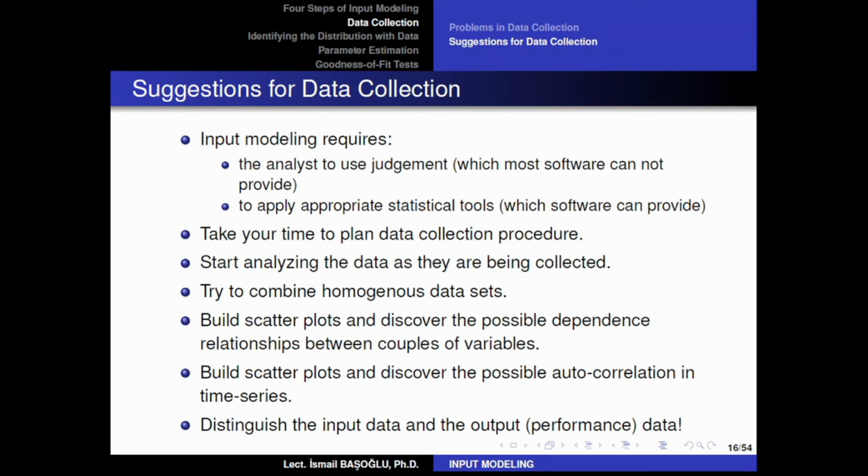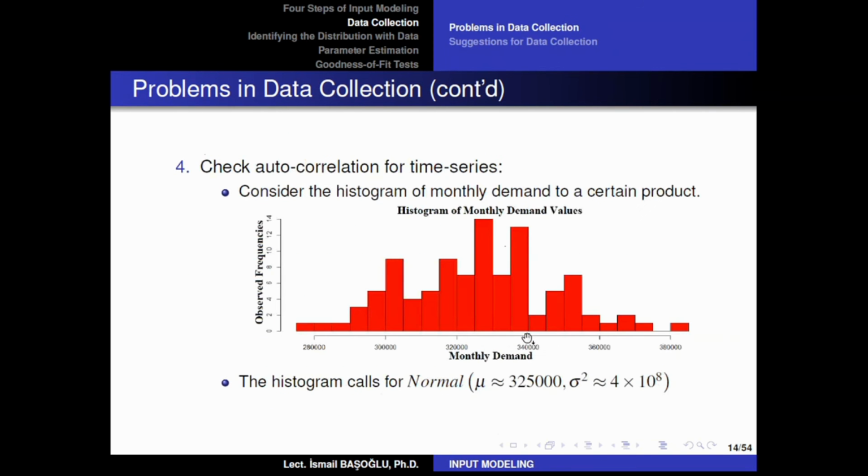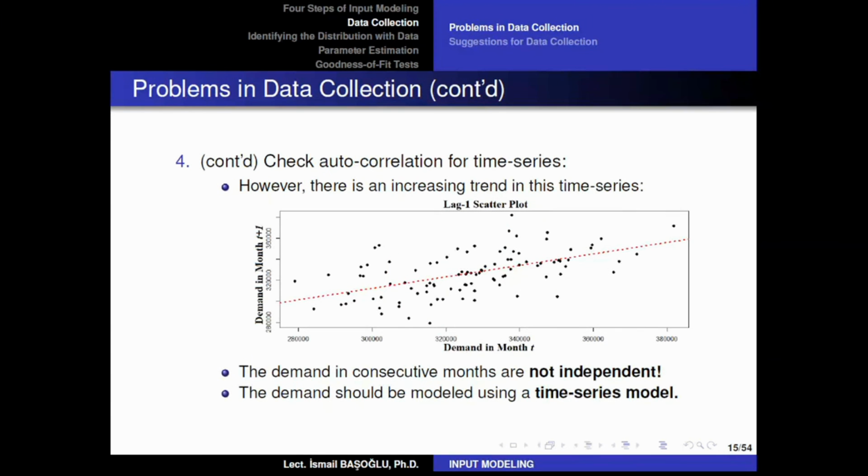The next suggestion suggests that we need to build scatter plots and discover the possible dependence relationships between couples of variables. So as you can see, because the demand here is a time series, you definitely need to plot the demand of one month with the demand of the next month, or you can simply draw a plot diagram of the demands of the consecutive months, and you can easily determine from there as well, there is an increasing trend in the time series of the demand.